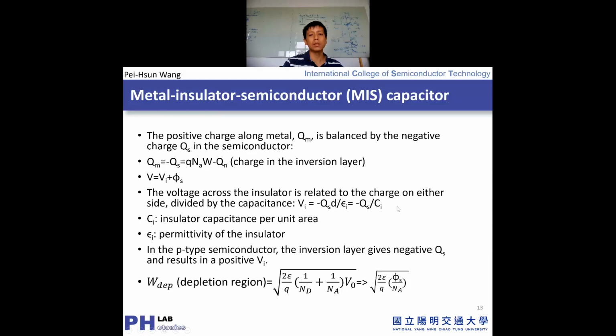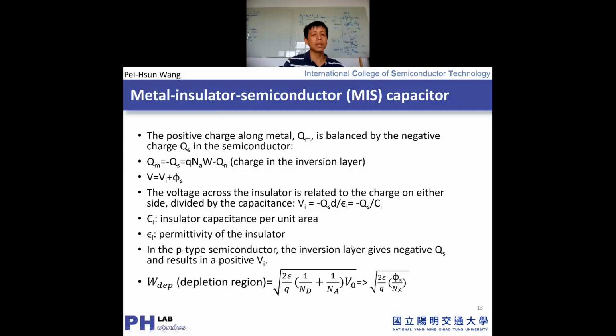So you take Ci as the unit capacitance, and this unit capacitance is epsilon over d. So you get epsilon i here and d here. The Ci here is the insulator capacitance per unit area, and epsilon i is the permittivity of the insulator.